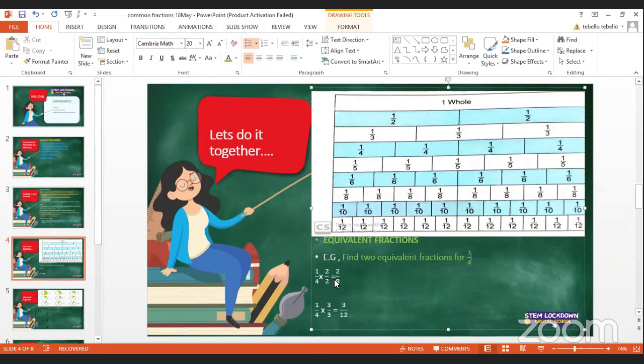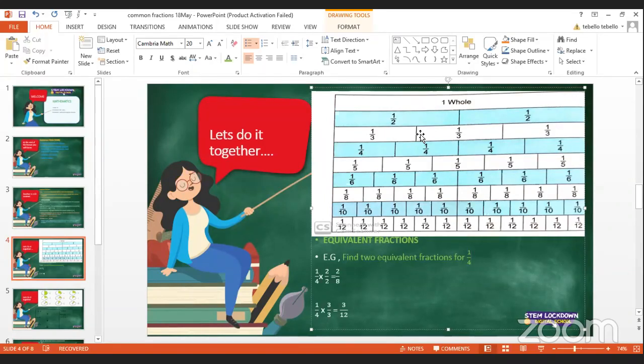There in the comments, you can just comment how much you get, because 2 over 8 is its equivalent fraction to 1 over 4. And when you simplify 2 over 8, you get 1 over 4. It shows that it is your equivalent fraction.